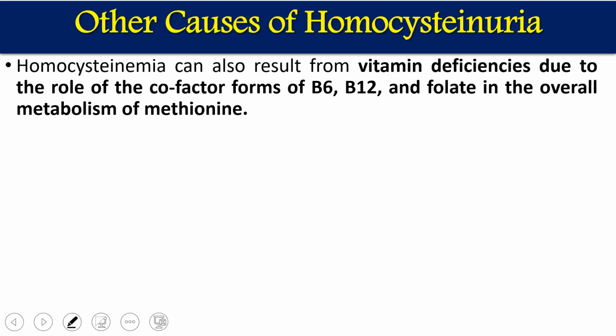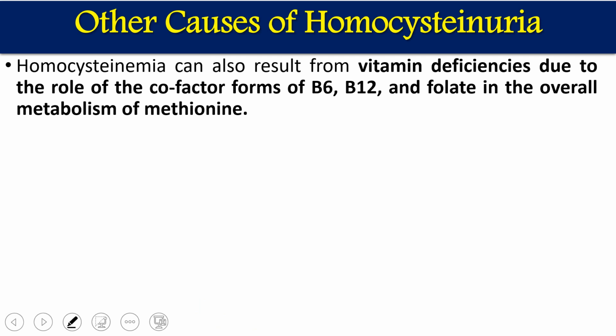Now, there are some other causes which lead to homocystinuria. Like we have seen, there are certain enzymes like methionine synthase, which requires folic acid and vitamin B12, and cystathionine beta synthase and cystathionine lyase, which require vitamin B6.